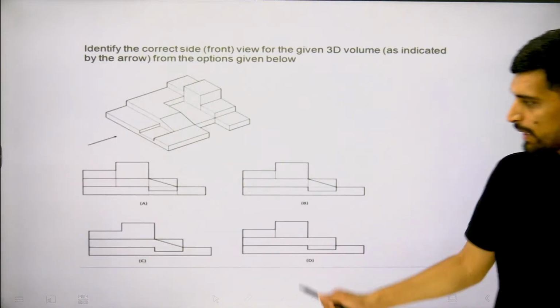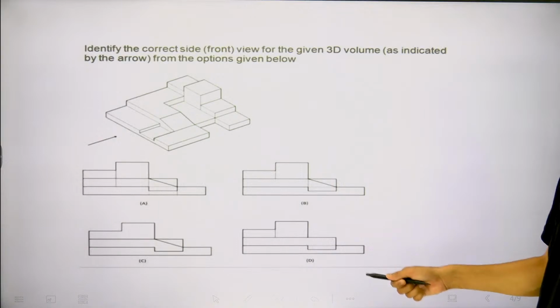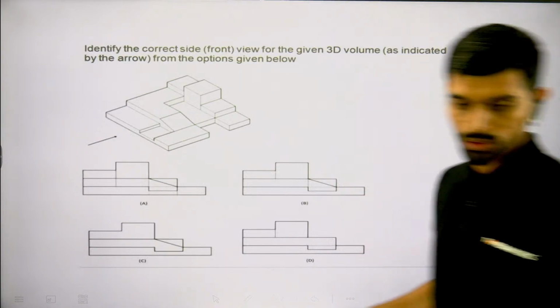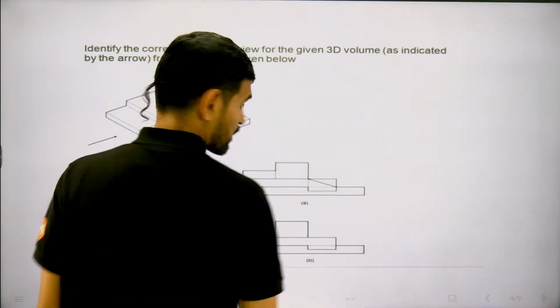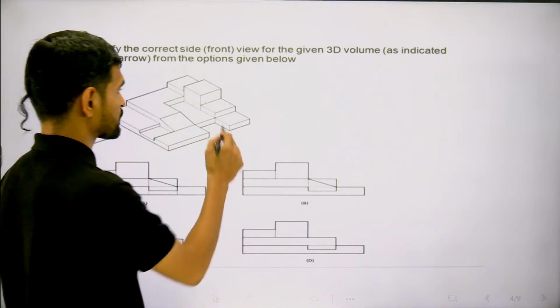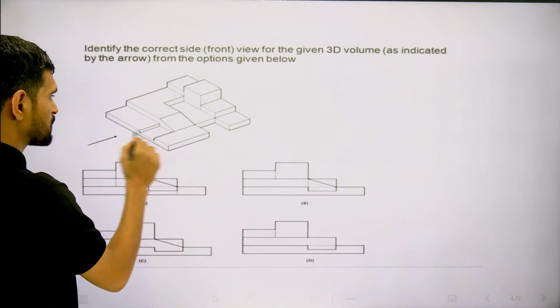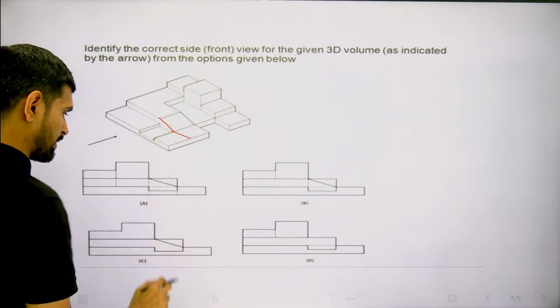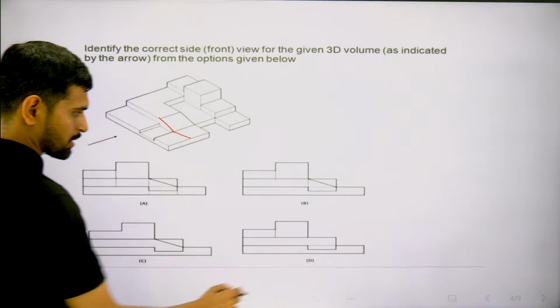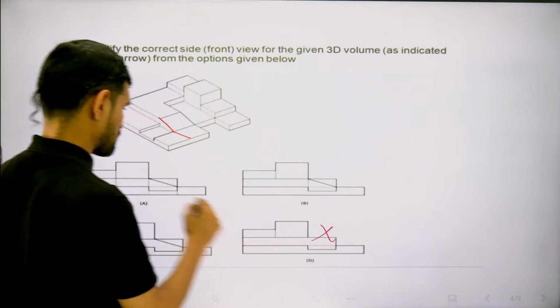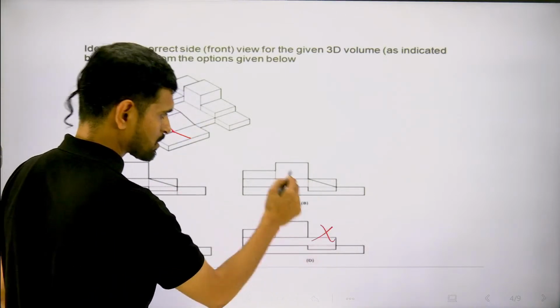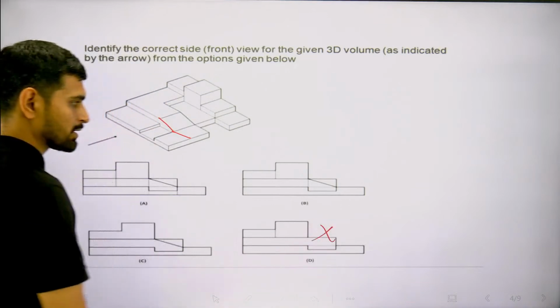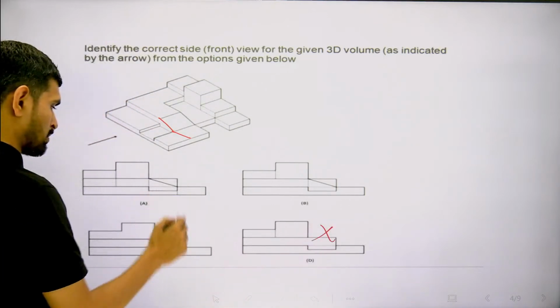The next one that I again got wrong was the side view. So this side view must be C. When we are seeing from this side, it goes like this, right? So there is a smooth transition. Because of the absence of this inclined line, I can eliminate option D directly, right?